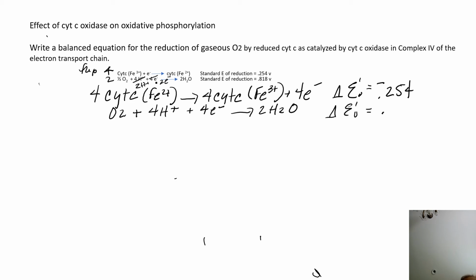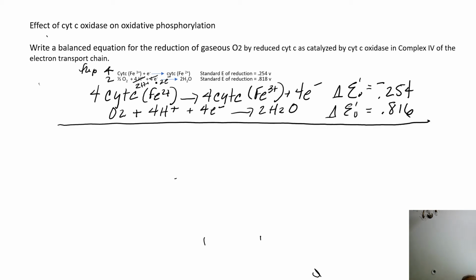And this one remains the same. And we'll add these together, and our standard E of reduction then for the overall reaction is 0.562 volts.